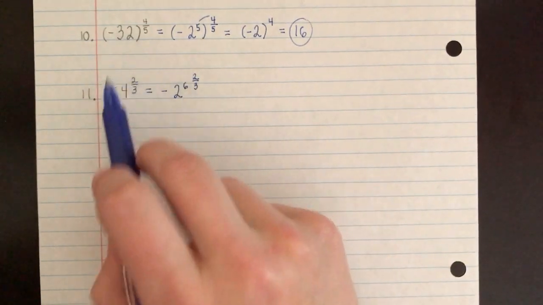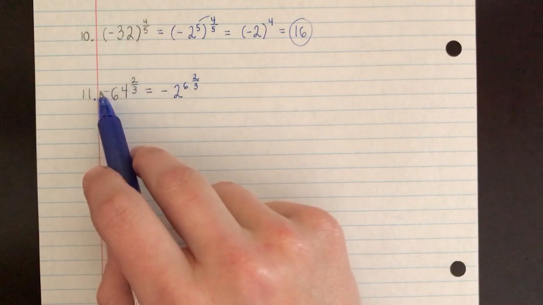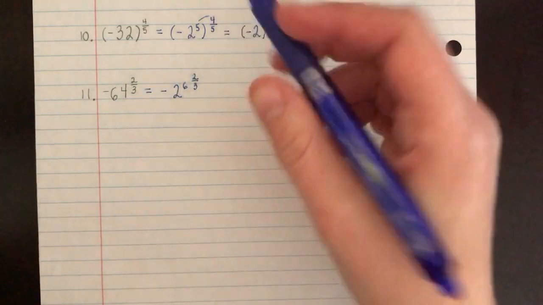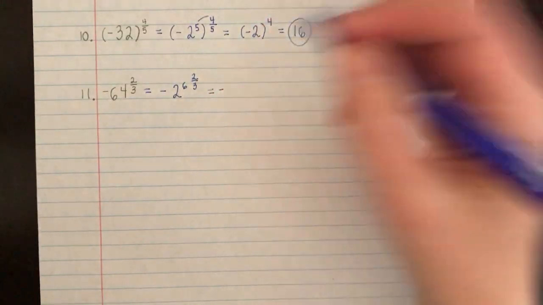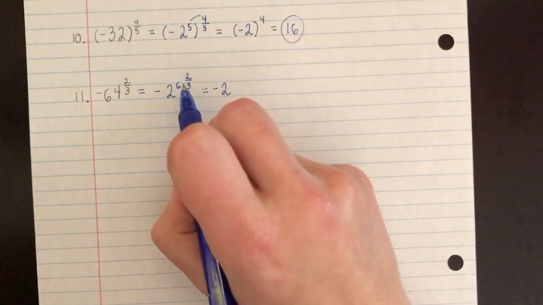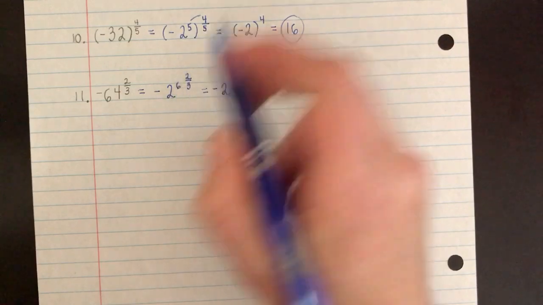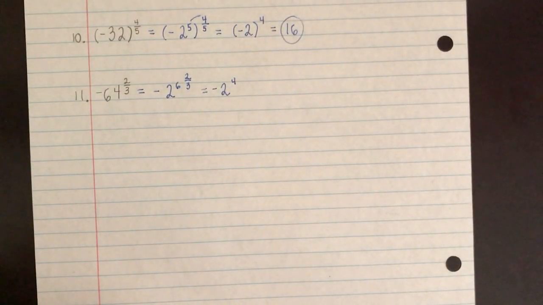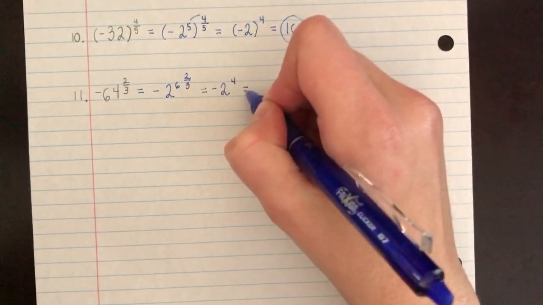But this is different because the negative is not in the parentheses. So I'm going to multiply 6 times 2/3 to give me -2 to the 4th power. Okay, but this answer is going to turn out very differently.